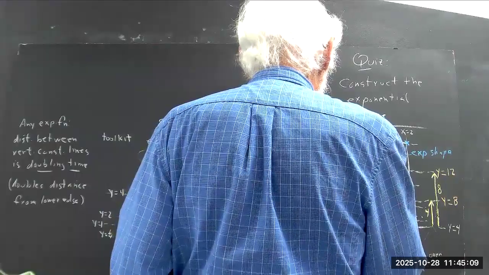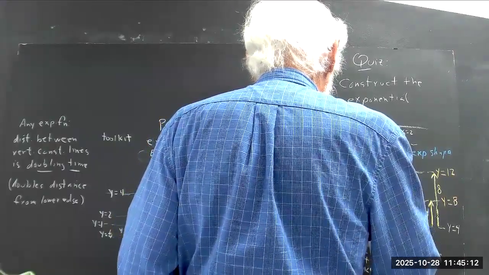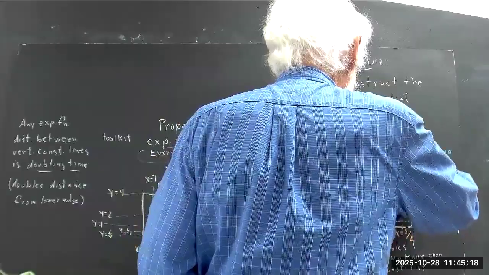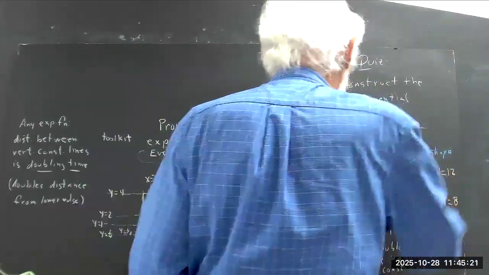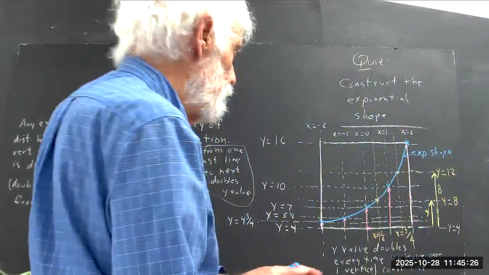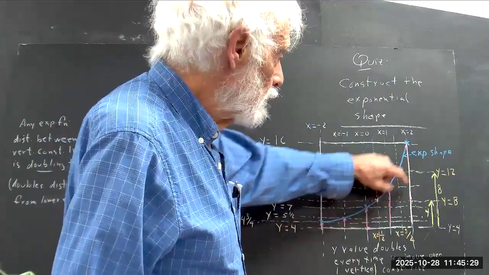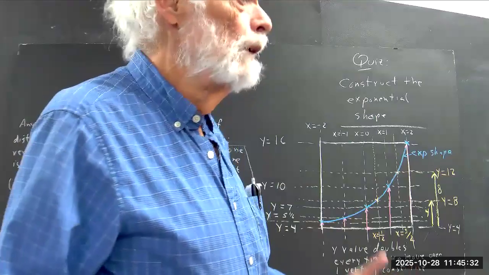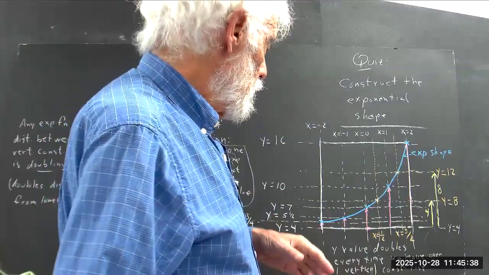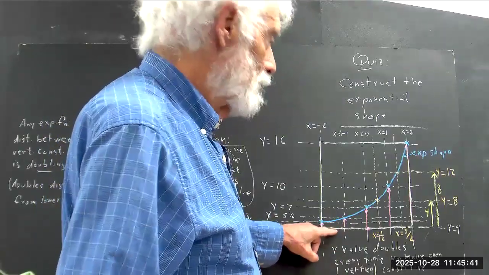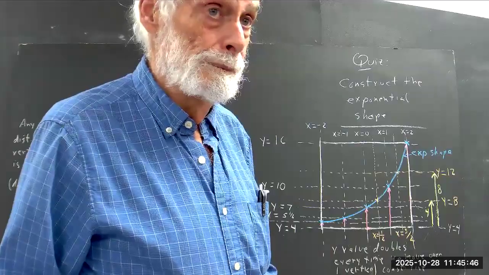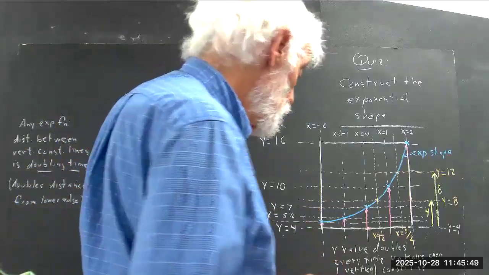I'm going to draw little arrows that indicate our distance on the vertical construction lines from the lower edge. Each of these arrows is twice as long as the other one, which is just another way of saying that the y value exceeds the y value at the lower edge by twice as much each time we move over one line. So that these lines are doubling times.